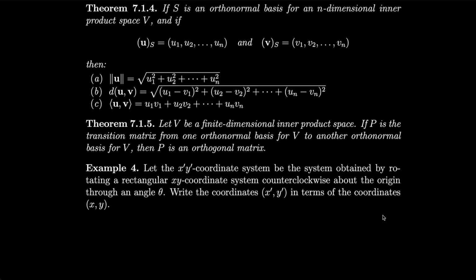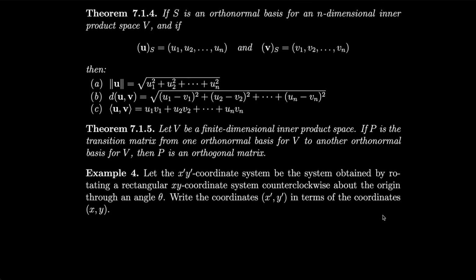Let's do another theorem. If S is an orthonormal basis for an n-dimensional inner product space V, and if US and VS are given as these coordinate vectors, then the length of U is the square root of U1 squared through UN squared. The distance between U and V is the square root of the sum of squared differences between them.